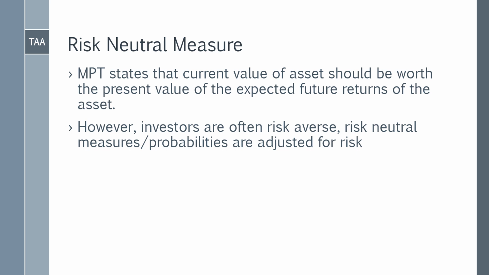Something else we need to use is a risk-neutral measure. So in modern portfolio theory, it states that the current value of an asset should be worth the present value of the expected future returns of the asset. Again, this is quite simple. It's saying that the future cash flows, when you discount them, give the current value of the asset now.